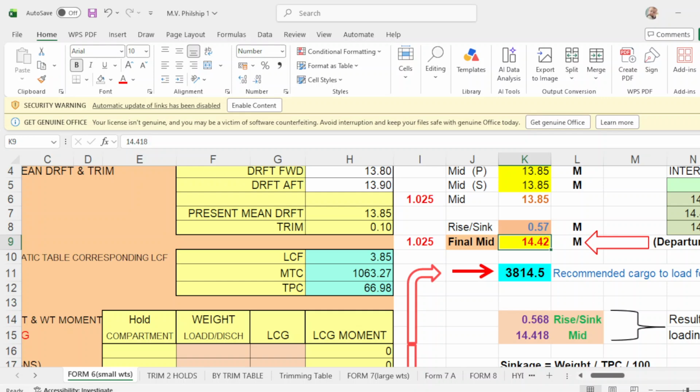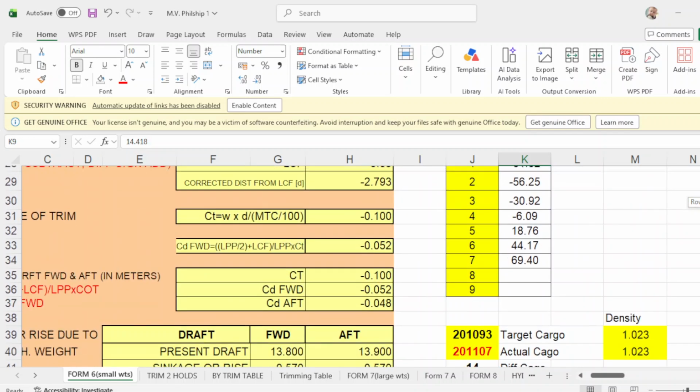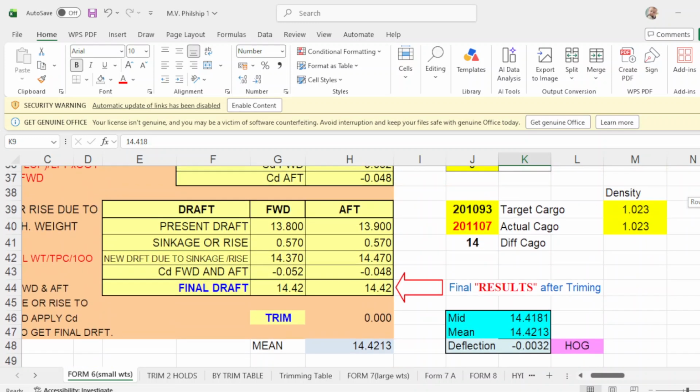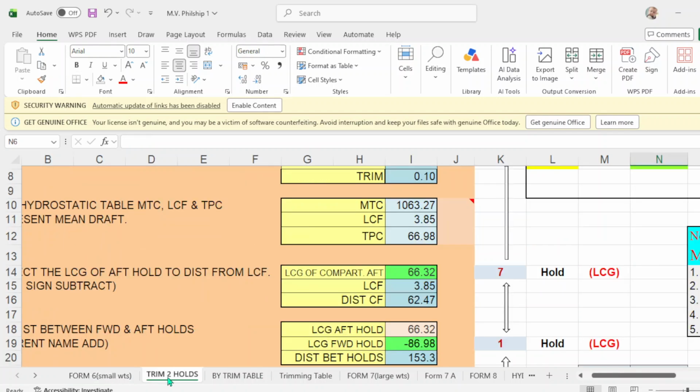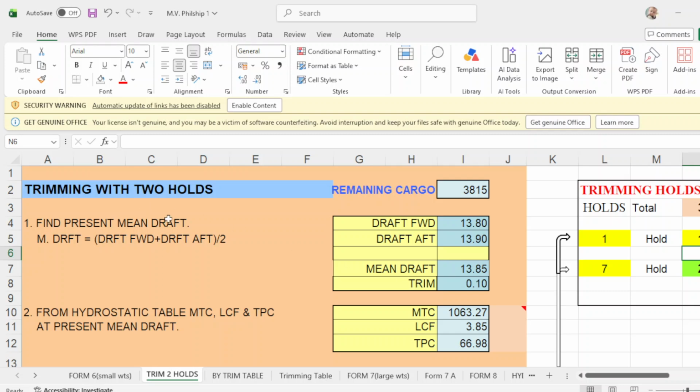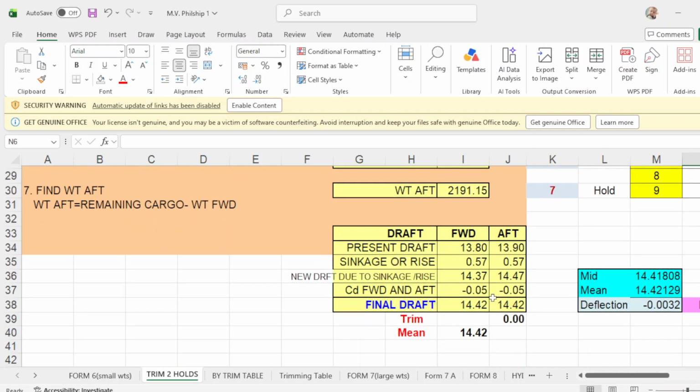Okay, so you have two programs now: this form number 6, and trim 2 holes, and the departure drop is the same. Forward is 14.42, up drop is 14.42, zero trim, main is 14.42, and the deflection is 0.